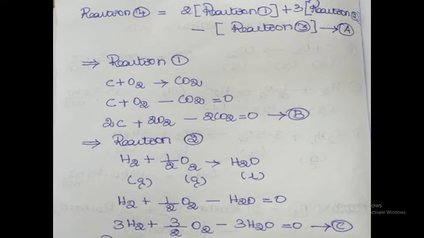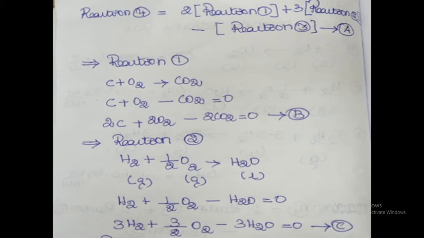Next we are going to develop the expression for the standard heat of formation of ethane gas based on the number of moles of combustion products formed in the combustion reaction. We should multiply reaction 1 by 2 and multiply reaction 2 by 3, then add these two equations, 2 into reaction 1 plus 3 into reaction 2, and we have to subtract the rest of the reaction in the given problem.